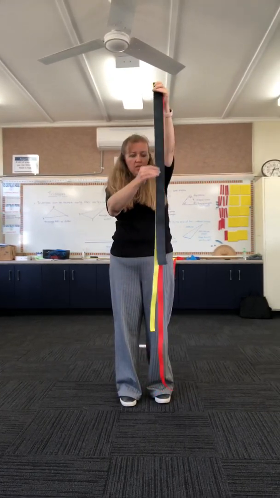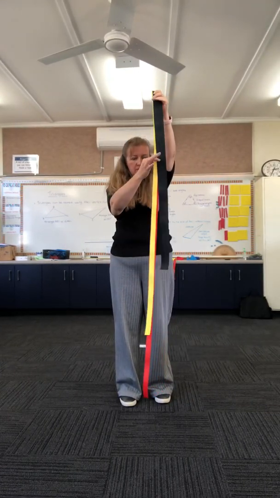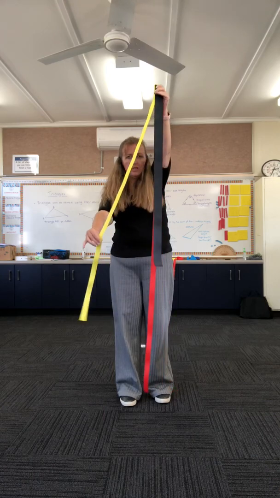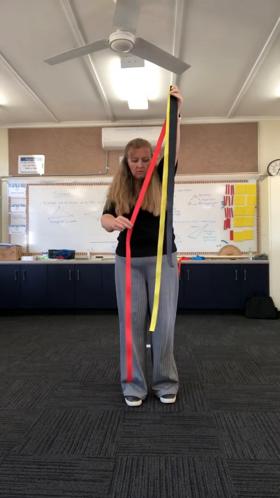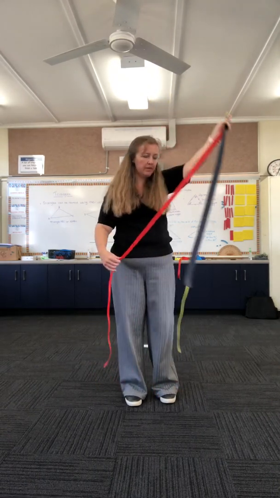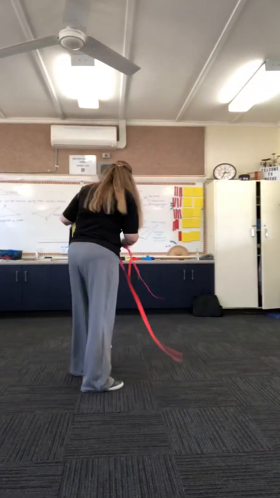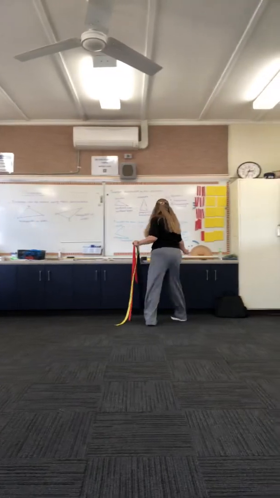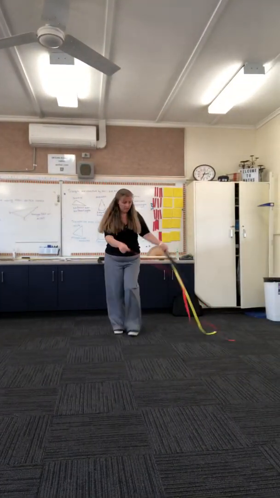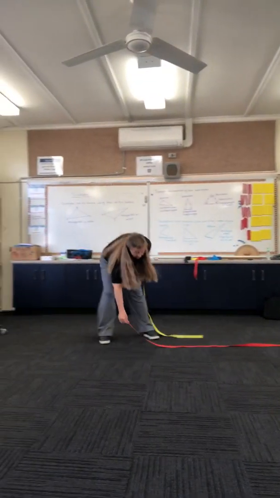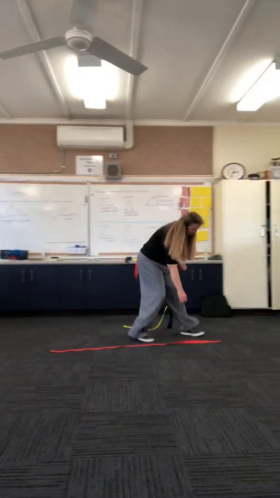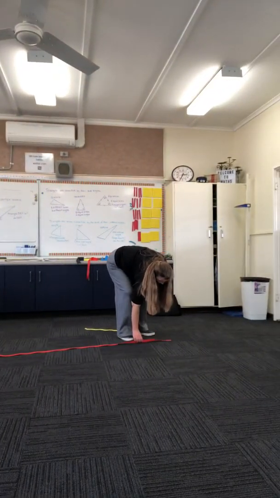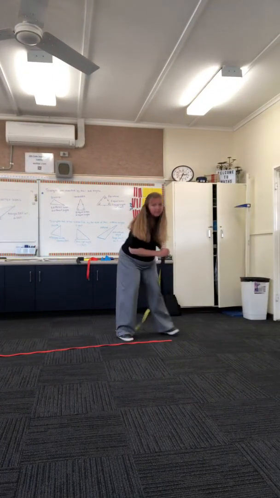So you can see here the black side is shorter, the yellow side is next size, and the red one is quite long. Okay, so give me a moment, I'll set up our triangle. One side.